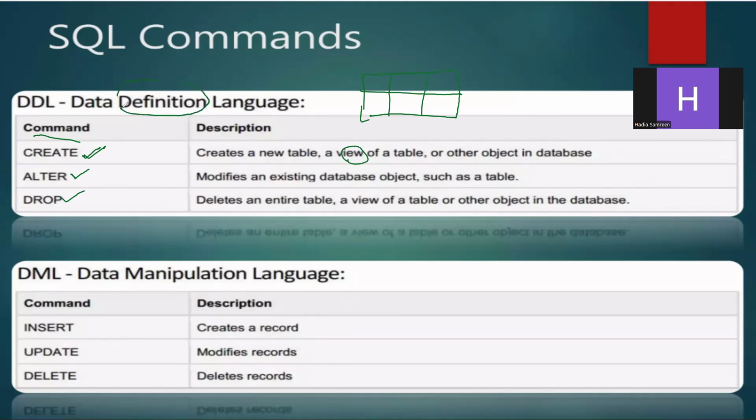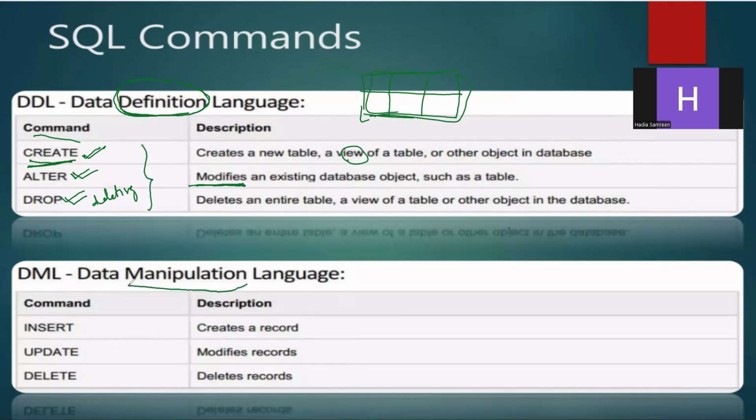So definition language deals with the outer structure of the database, right? By using the create command, we are creating the outer structure of the table, by using the alter command we are modifying the structure of an existing table, and by using drop we are deleting the entire table from the database. So this is about data definition language commands in short.